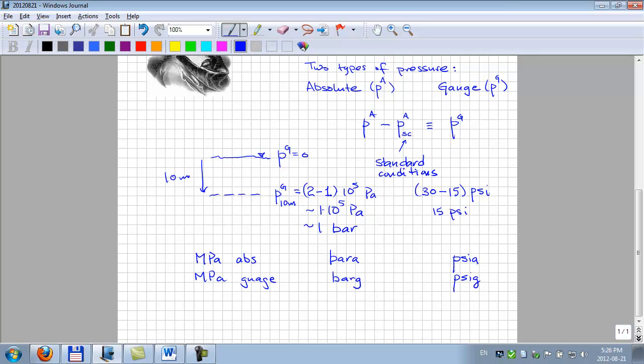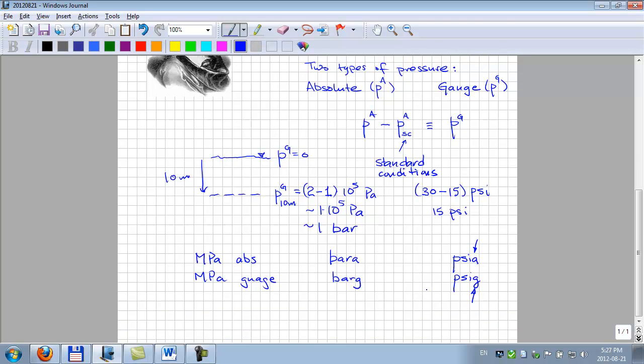It kind of matters, but it's not really important. But in some cases, it can be very important. So in general, you basically want to always use this and this for measurement of pressure.